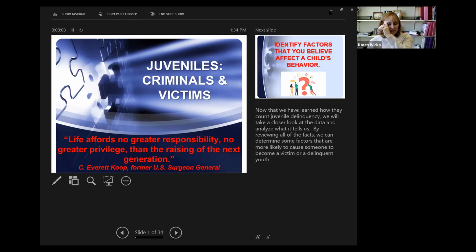Having protective factors doesn't keep you from becoming delinquent. It just reduces the risk. And a lot of these are just the opposite of what we talked about with risk factors. So you can look at each of these categories again: individual protective factors, family protective factors, educational protective factors, social peer protective factors, and community protective factors. And each of them have their own group of factors.